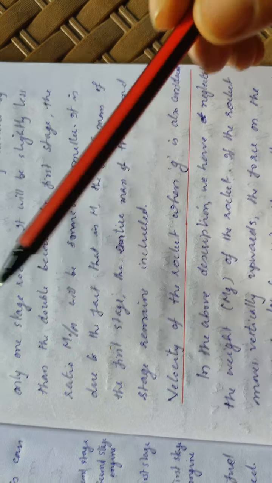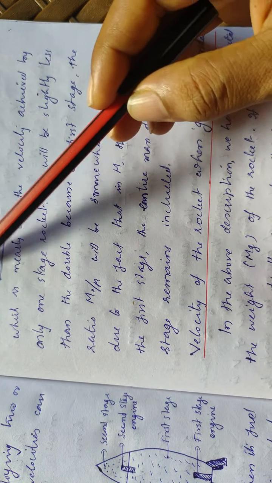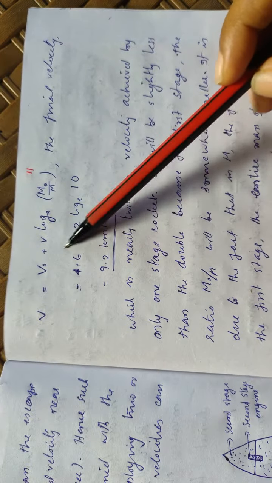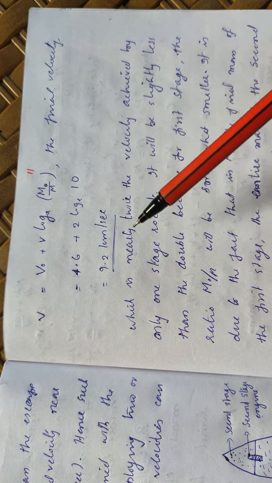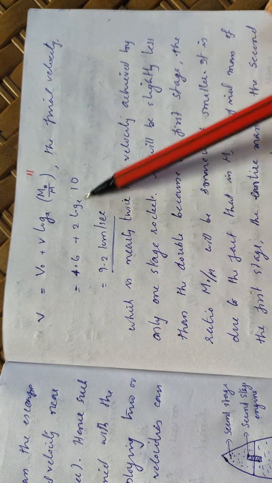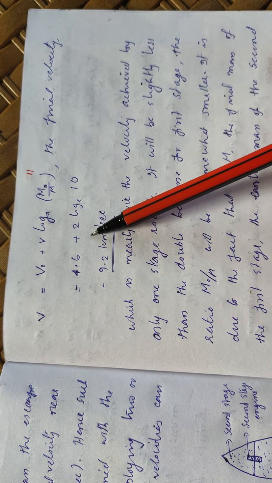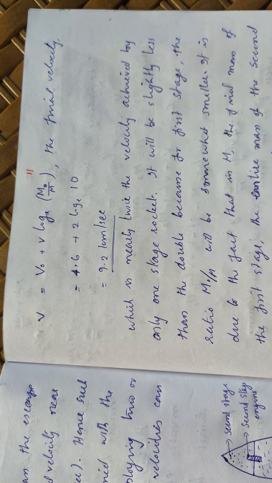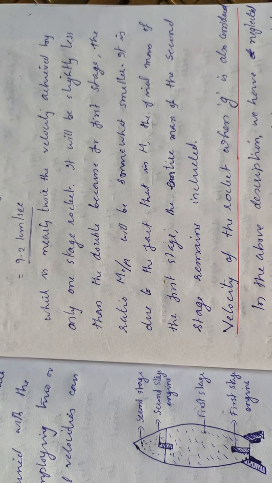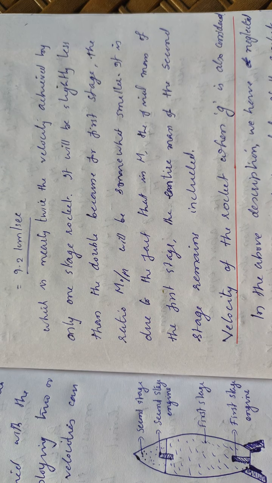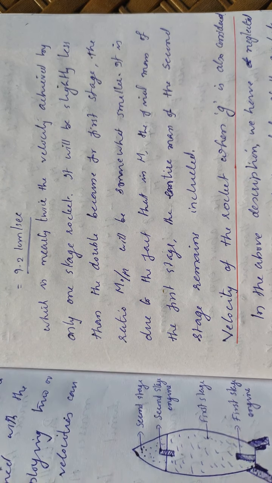We have seen that in the single stage rocket, the final velocity is only 4.6, and after the second stage it is 9.2. So if we are using multi-stage rockets, we can attain high velocities. This is the principle of rocket propulsion.